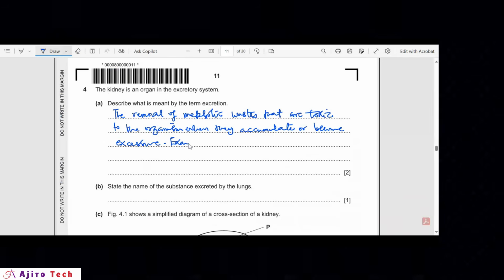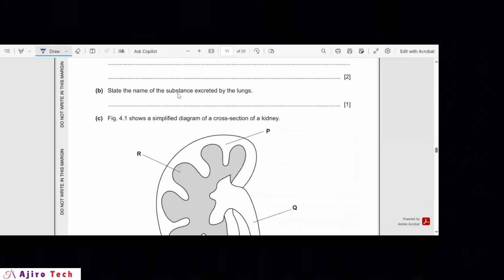We have examples like CO2, urea, uric acid, etc. The substance excreted by the lungs is carbon dioxide.